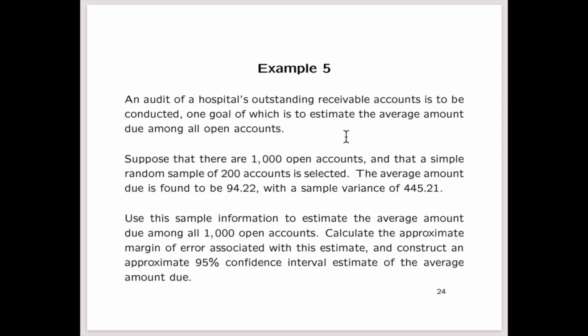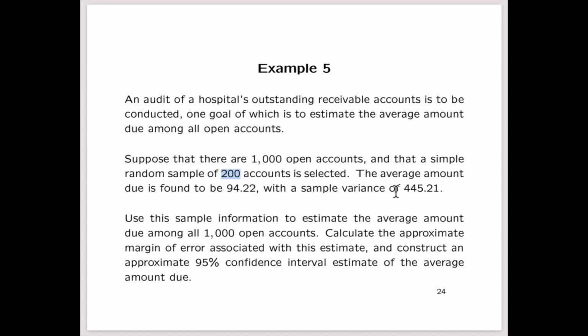and then use the data that they obtain to estimate the average amount due among all open accounts. So suppose that there are 1,000 open accounts and that a simple random sample of 200 accounts is selected. So in this case, the population is a finite population containing 1,000 members, and we have selected a sample size of little n equal to 200.